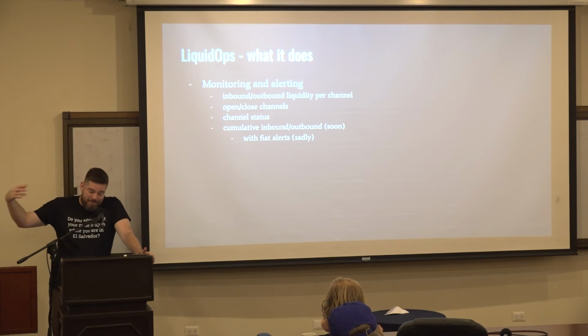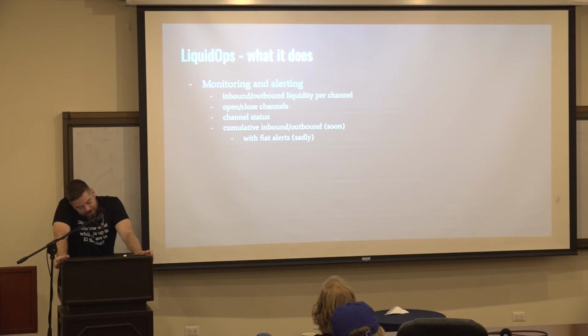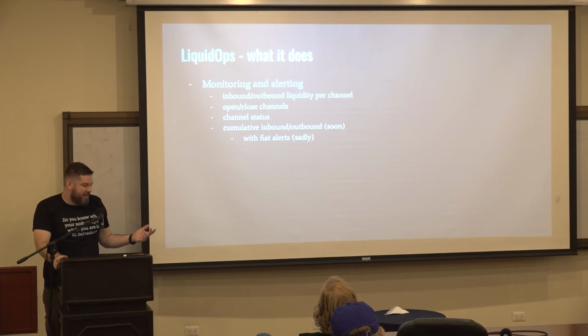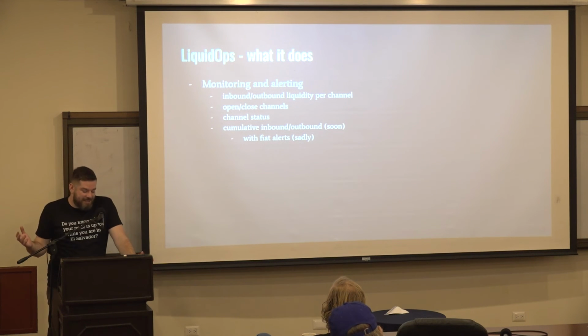Maybe the node that you're peering with went down, or something happened to the channel. Then very soon, hopefully after the conference, we are releasing a cumulative alert. So maybe you don't care about a specific channel, you just need to have an ability to push out, I don't know, 10 million sats.